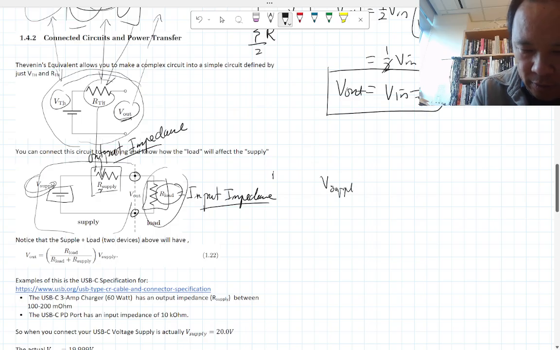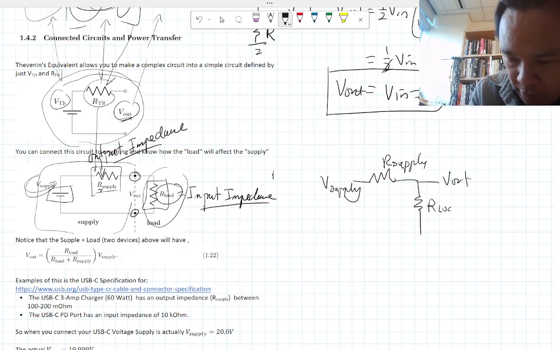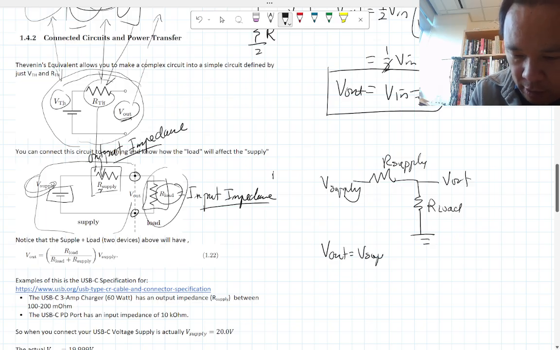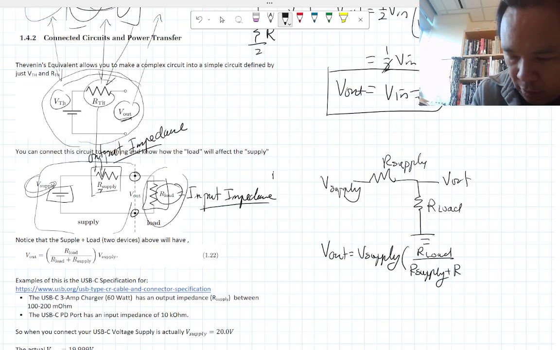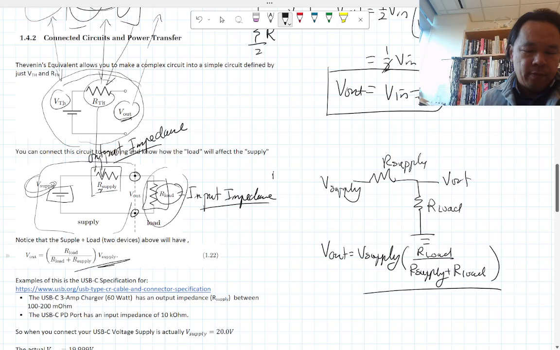So we can call this R supply, and this is your V out, R load. Then V out is V supply times R load divided by the sum of the other two, R supply plus R load. Which is really neat.